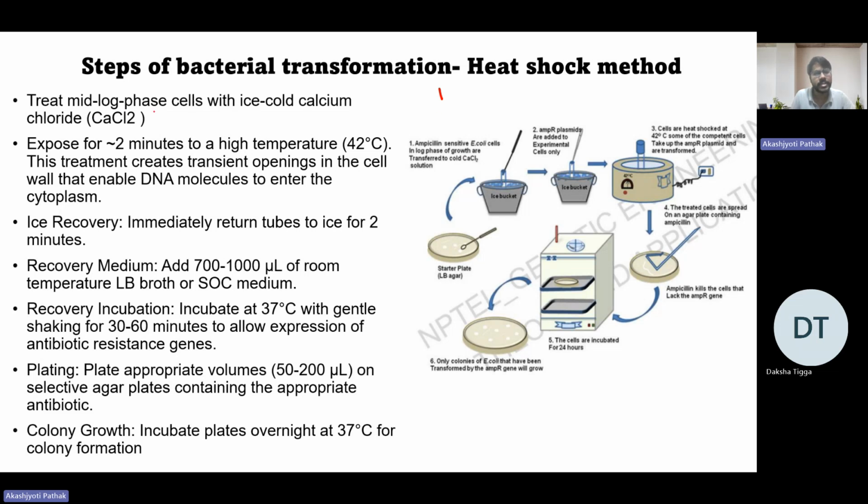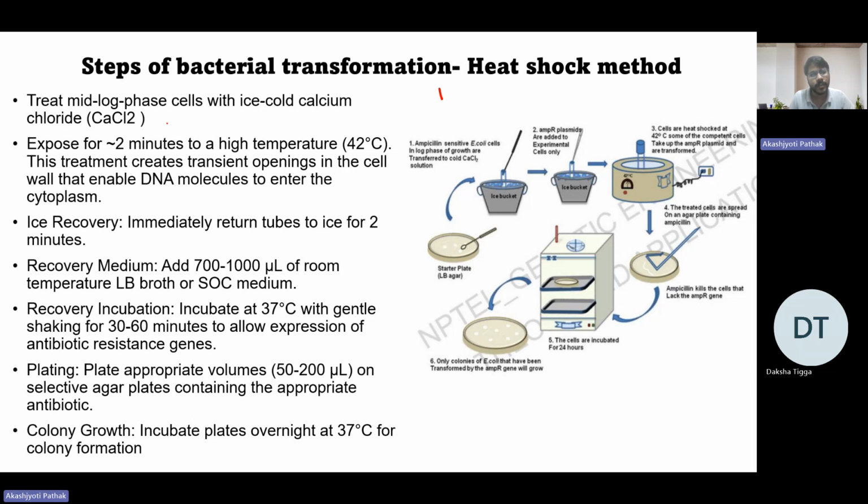So at the mid log phase, the culture is harvested, and then the pellet that we get is resuspended. There are a couple of steps by which the cells are made competent. Basically, the main thing we are doing is taking this pellet and treating it with ice cold calcium chloride.